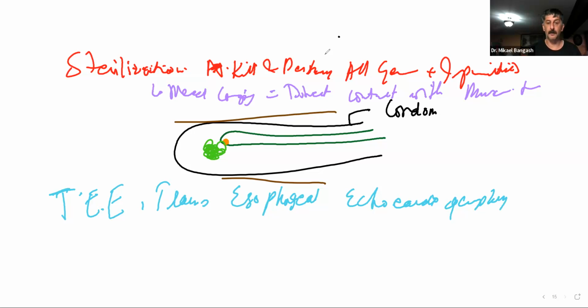But what do they do? They put the transducer through what? Into the esophagus. And what is it that they do?